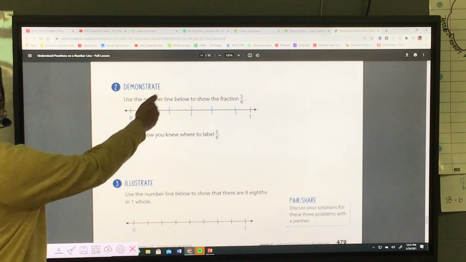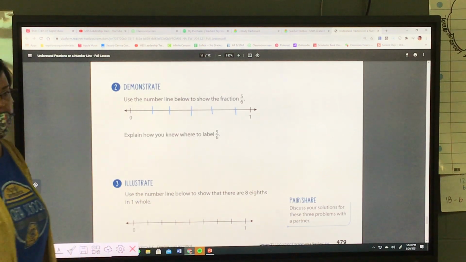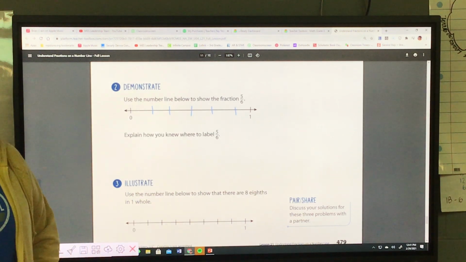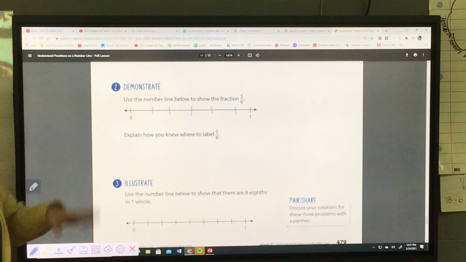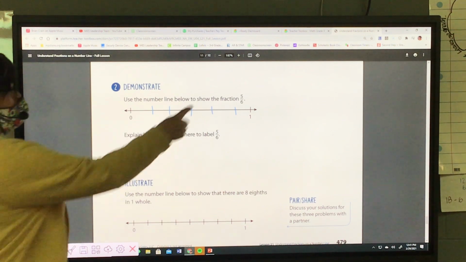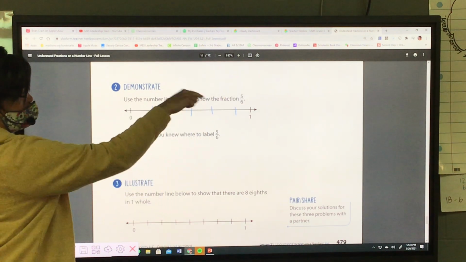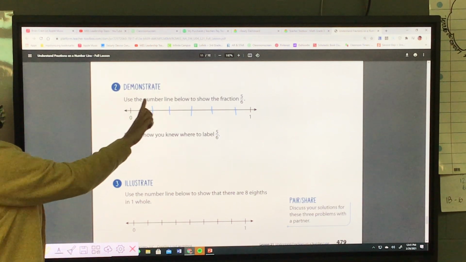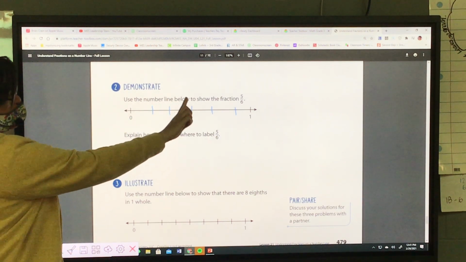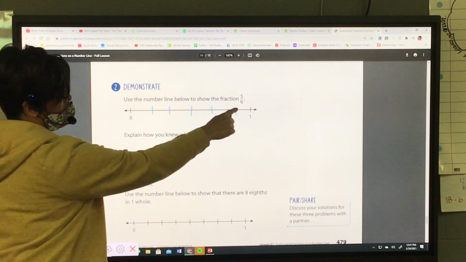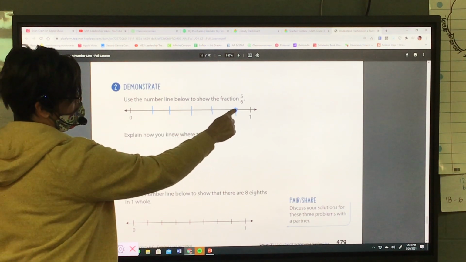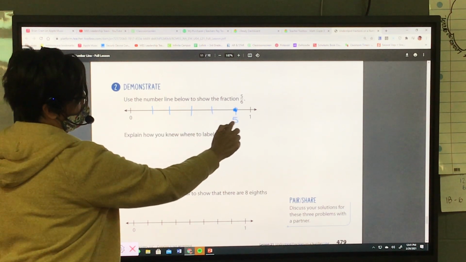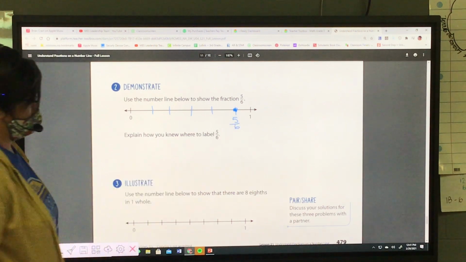How many parts did you count over to get to it? 5. Your numerator tells you how many lines you need to count across. So count with me. 1, 2, 3, 4, 5. So right there, is that where you labeled it? Okay.